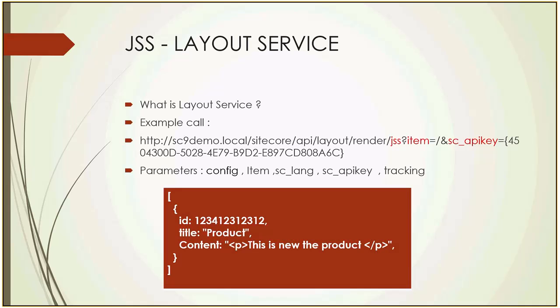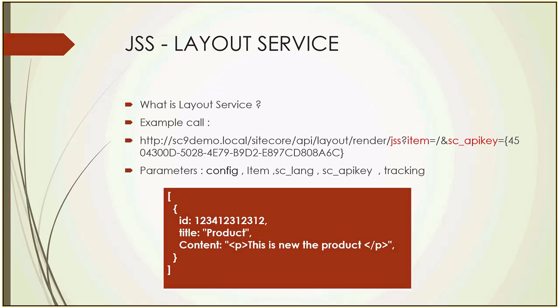Well, let's talk a little bit about how this works. The Sitecore Layout Service is the REST endpoint which provides data for the Sitecore JSS applications. So, the Layout Service gives you the capability of getting Sitecore items' presentation data in a JSON format with the applied personalizations.